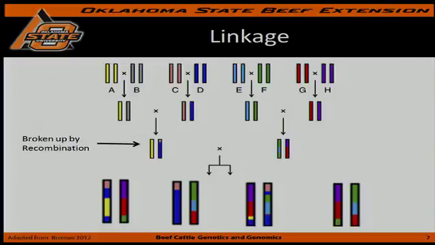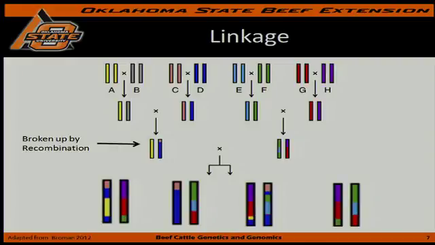So if we go to linkage and we look at the animals in the founder generation here, we pull 1 chromosome from each of the parents, and then we end up with 2 different colors here. Then we have another generation, and we break up those chromosomes, those colored blocks, the large blocks, even further by recombination within this generation.